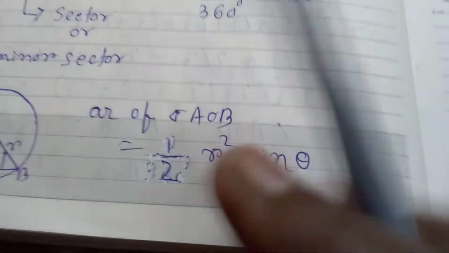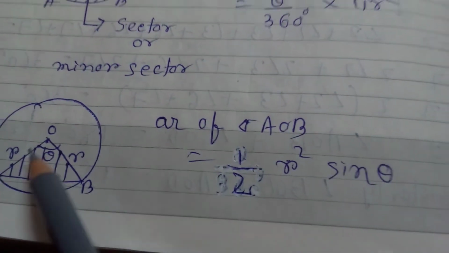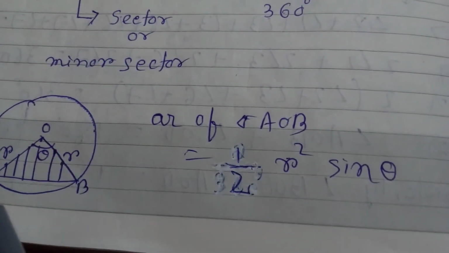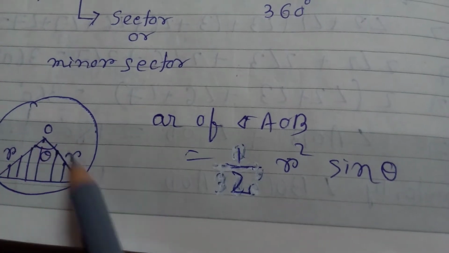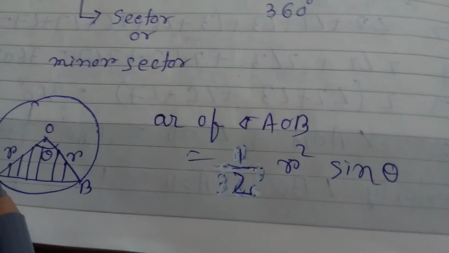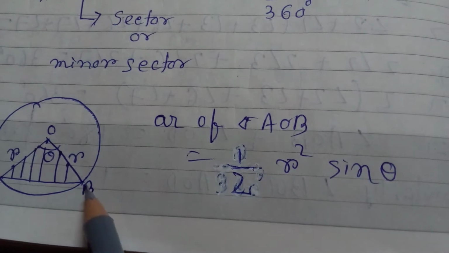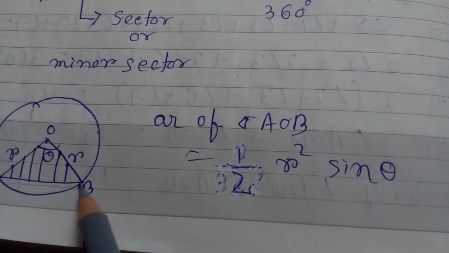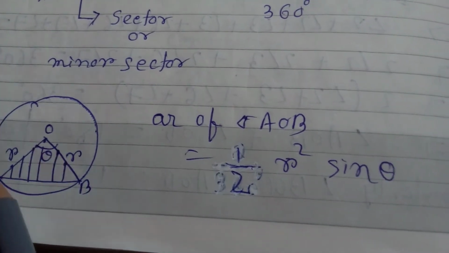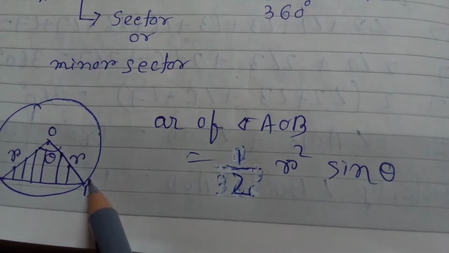Now number 3. O is the center and OA and OB are the radii. If we join AB, then AB is a chord. This is triangle AOB in a circle.